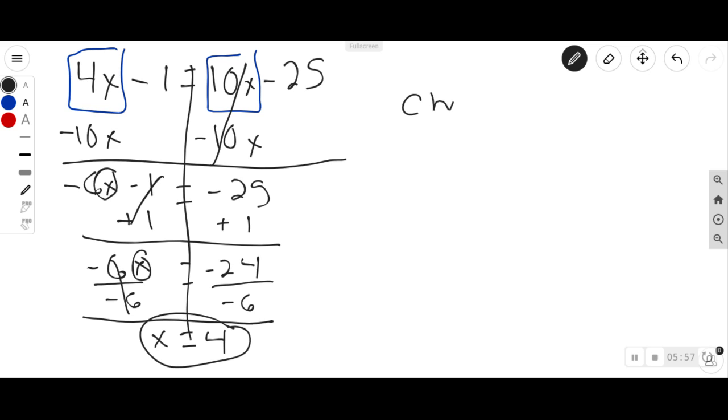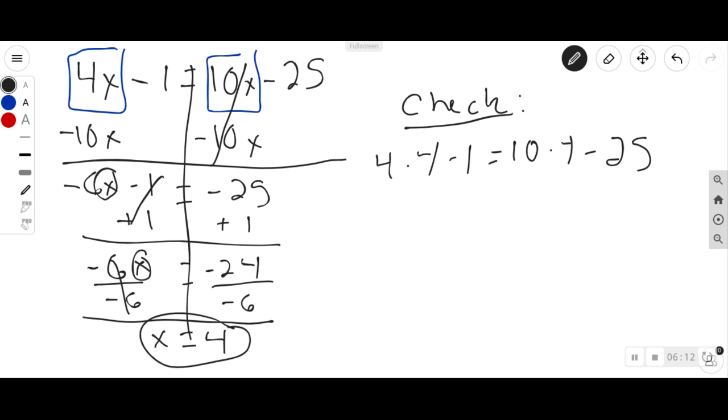So now to do my check. Again, numbers are a bit larger, but that doesn't really matter. 4 times 4 minus 1 equals 10 times 4 minus 25. So first I've got on the left 4 times 4. On the right I've got 10 times 4. I can do them at the same time since they're on opposite sides.